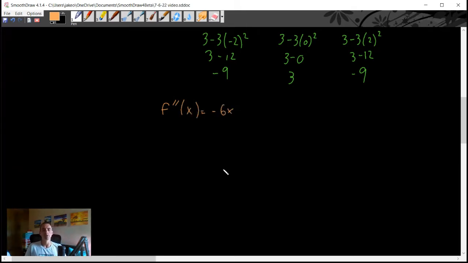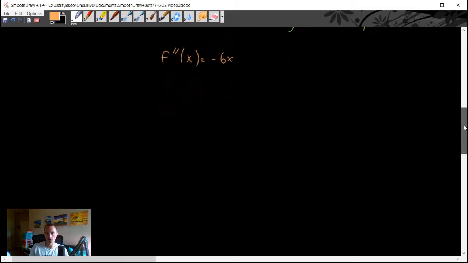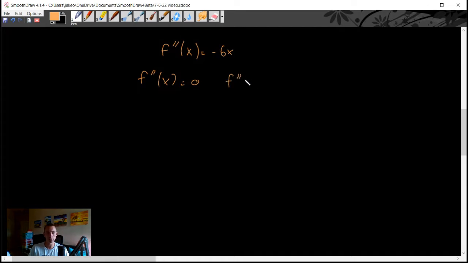Okay, so to find inflection points, if you already know the second derivative of your function, it's very similar to finding critical numbers. You want to be careful of where your second derivative equals 0. So we're going to look for places where the second derivative of our function equals 0. You would also want to be careful of considering where your second derivative does not exist.